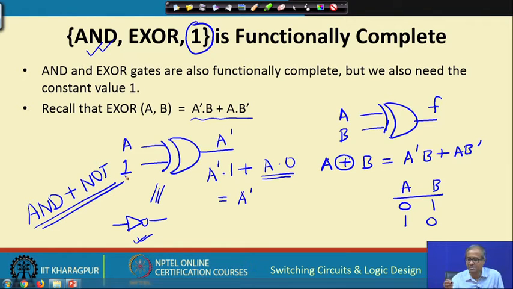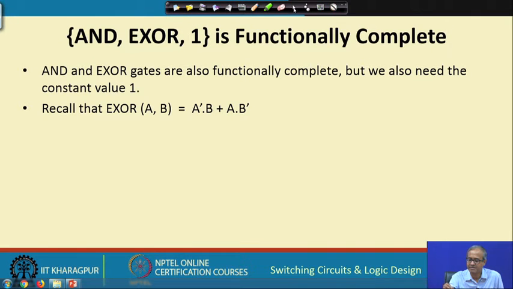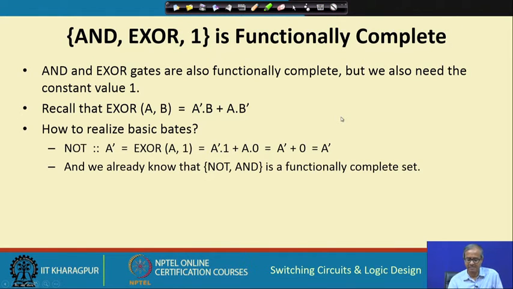The justification is fairly straightforward. You can implement a NOT by setting the second input to 1, and we already have shown earlier that NOT and AND is functionally complete.